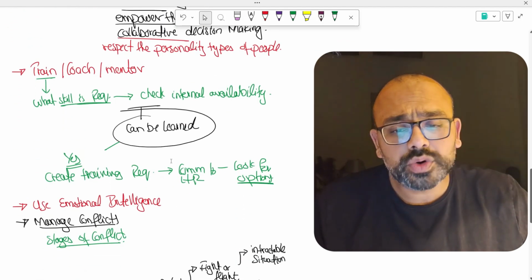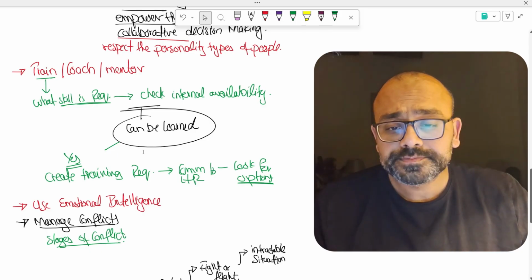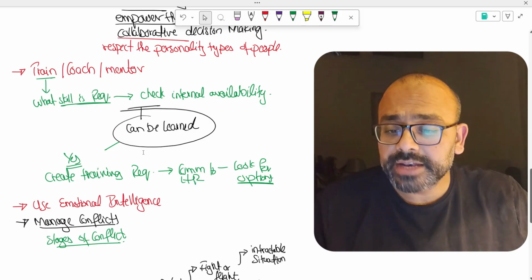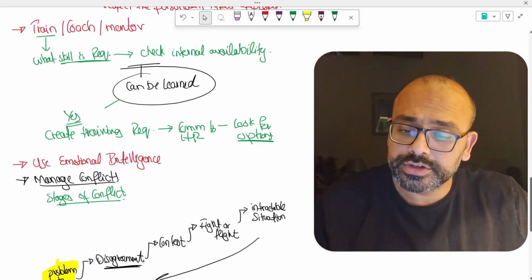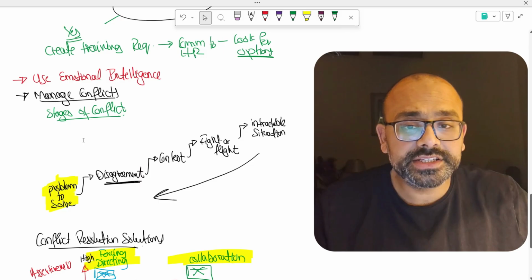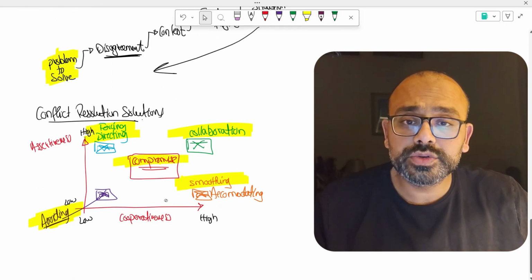Then it was all about training: check for internal availability, and if it can be learned, go for the training. And then manage conflicts, understand these 5 stages of conflict, and some conflict resolution solutions.